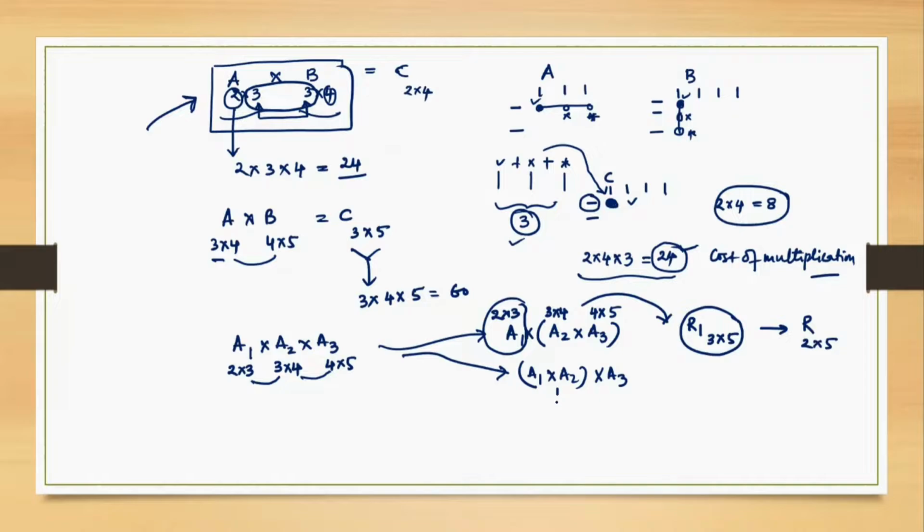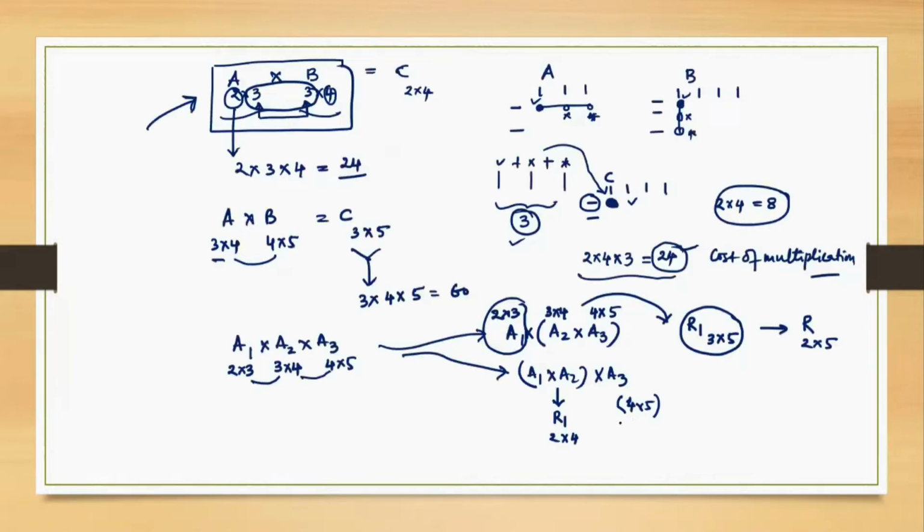And the same thing, if the intermediate result R1 is the result of multiplication of A1 and A2, where A1 has 2 cross 3 dimension and A2 has 3 cross 4 dimension, then R1 should have 2 cross 4 dimension. Then I take A3, which has the dimension 4 cross 5.